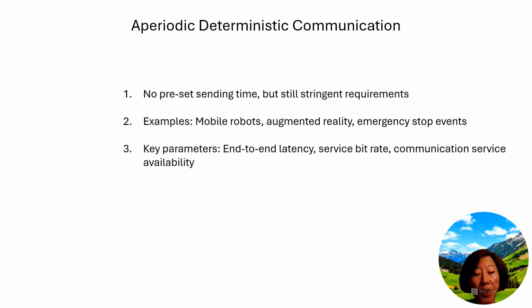Ensuring high availability for aperiodic traffic is particularly challenging because the system can't rely on regular, predictable transmission patterns. 5G addresses this through features like ultra-reliable low latency communication, which uses techniques like robust coding, frequency diversity, and multi-antenna transmission to achieve very high reliability even for sporadic transmissions.